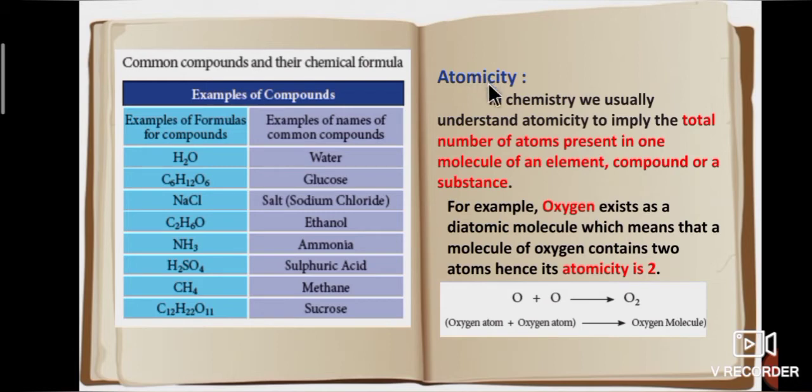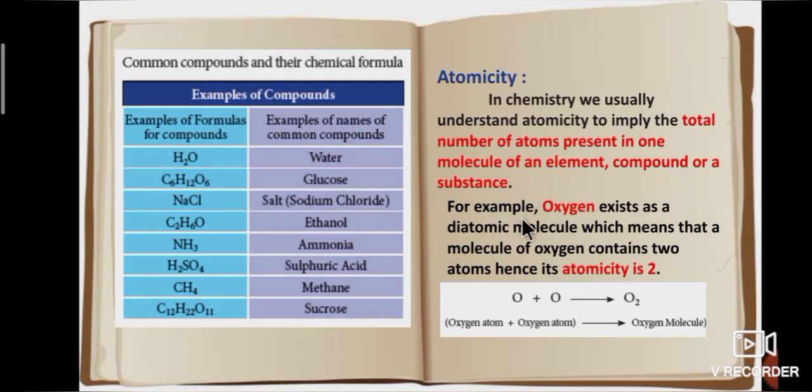Next, we are going to learn about atomicity. In chemistry, we usually understand atomicity to imply the total number of atoms present in one molecule of an element, compound or a substance.